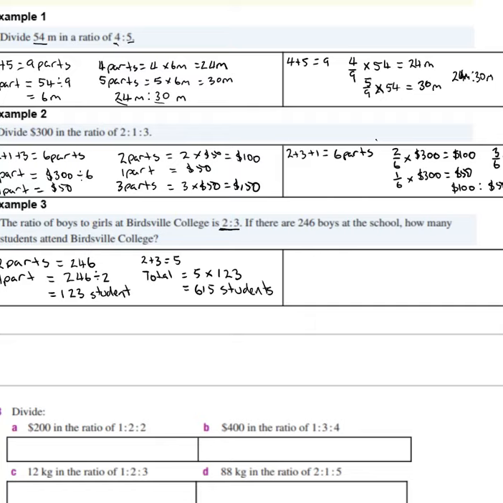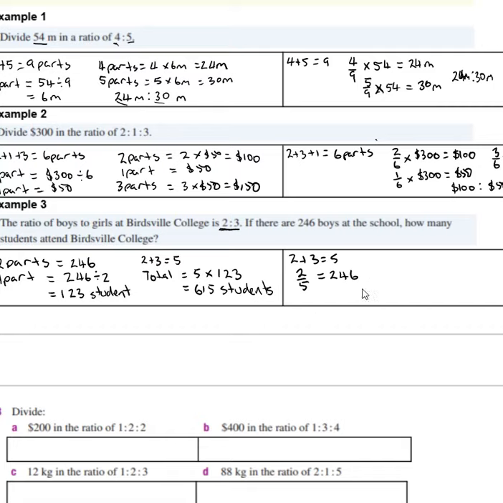Alright, finally, if we do this question using the fractions method, we know that there are 2 numbers in the ratio, so 2 plus 3 gives us a total of 5. So that tells us that 2/5 of the school equals 246.